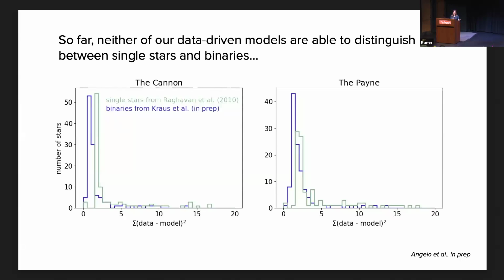But as you are probably thinking to yourself, that's not what we're seeing here, and these histograms are overlapping quite a bit. This is true for the Cannon data-driven model that I trained, and also the Payne data-driven model that I trained. So the takeaway from this plot is that our model doesn't seem to be distinguishing between single stars and binaries in the way that we thought it might.